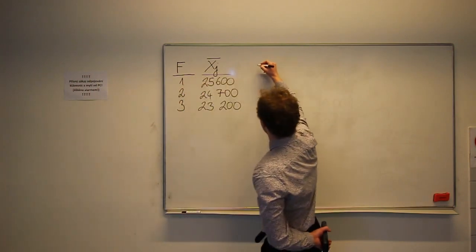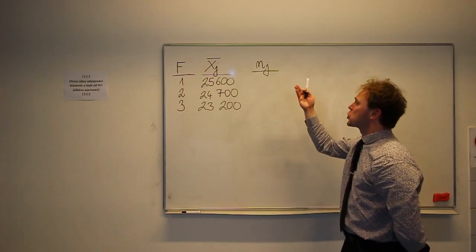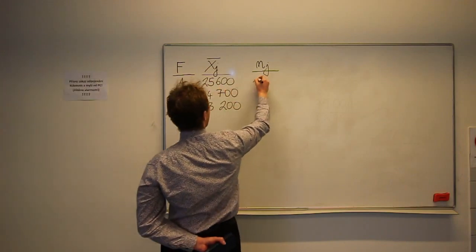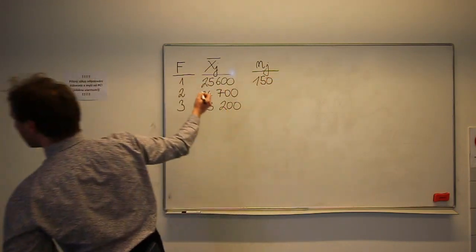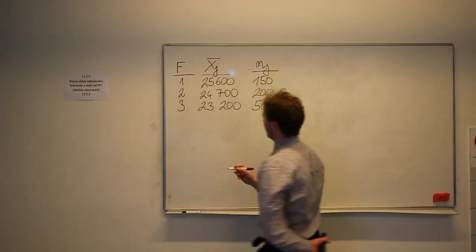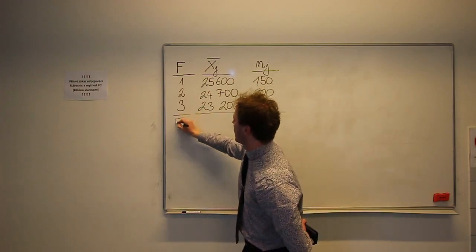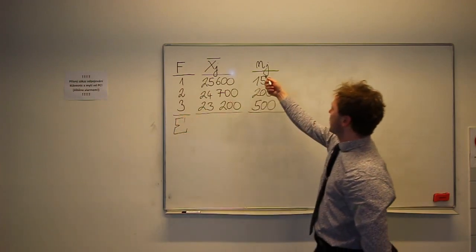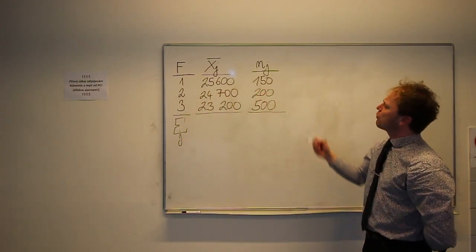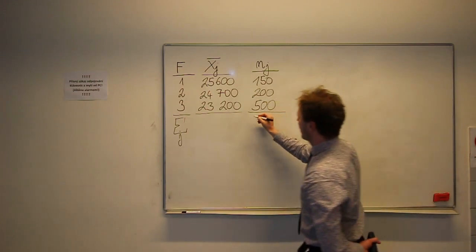Number of employees, NJ, is absolute frequency, and we have 150 employees, 200, and 500. It's possible to calculate the sum, the total number of all our employees: 500, 700, 850.